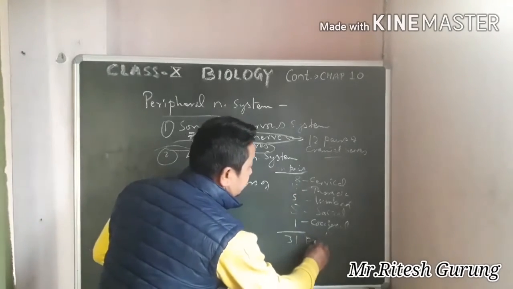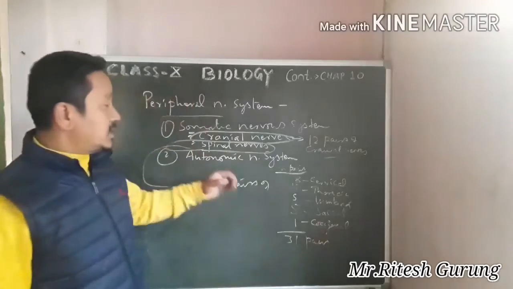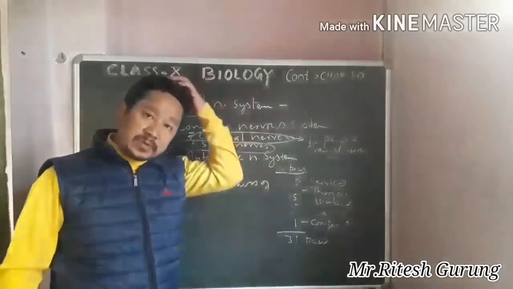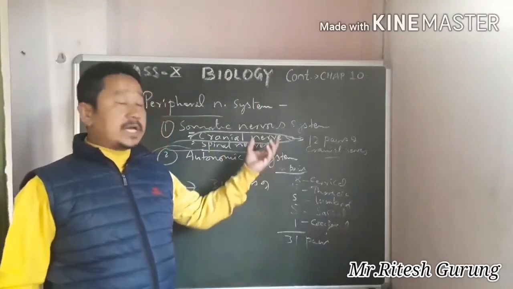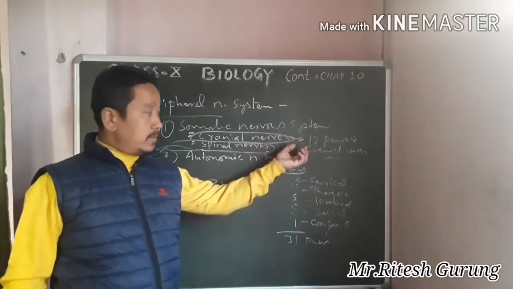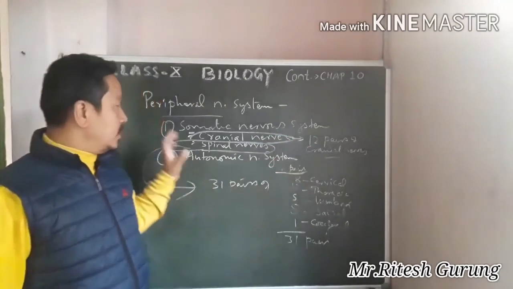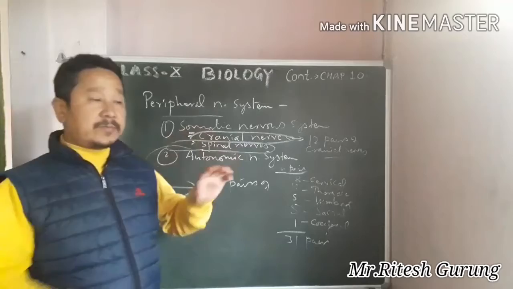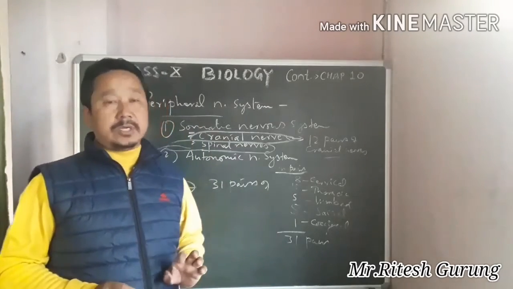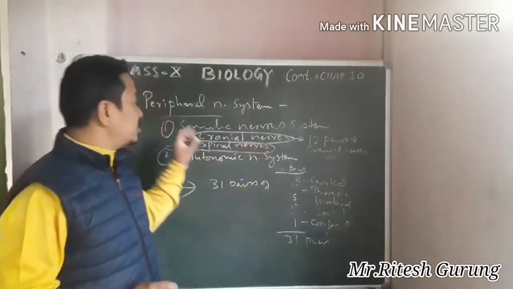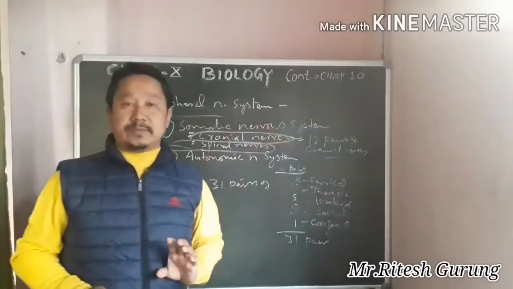So these nerves coming from the brain, which are 12 pairs, and your spinal nerves coming from the spinal cord, 31 pairs, constitute your somatic nervous system.